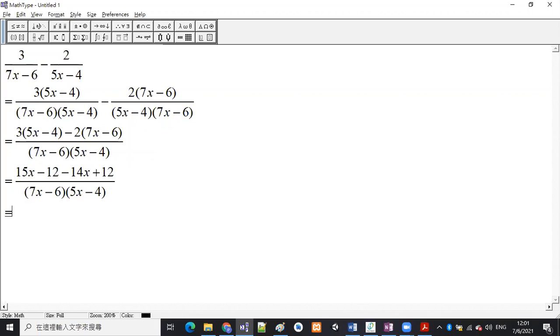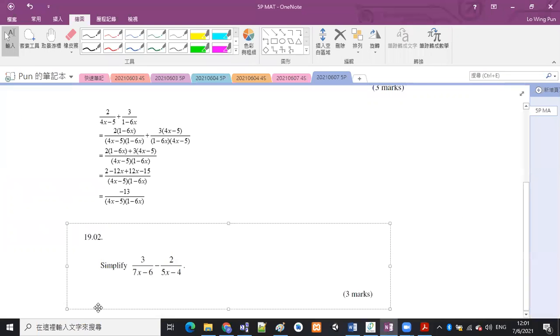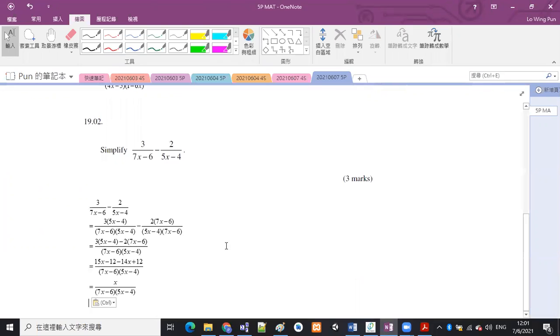And then you just calculate the like terms on the top. 15x minus 14x is just x. And then -12 plus 12 is cancelled by each other. So what is remaining is just this. Check one more time whether there are common factors which can be cancelled or not. If no, then it will be the answer. 3 marks.